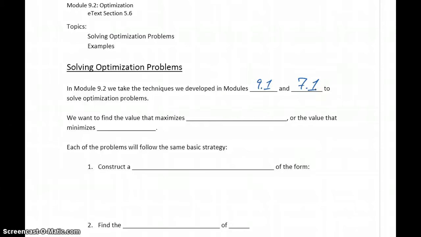So what we want to do when we're solving optimization problems is find optimal values, maximum values, minimum values. In the context of business problems, what we're looking to do is maximize revenue or profit, or find the values that minimize our cost.